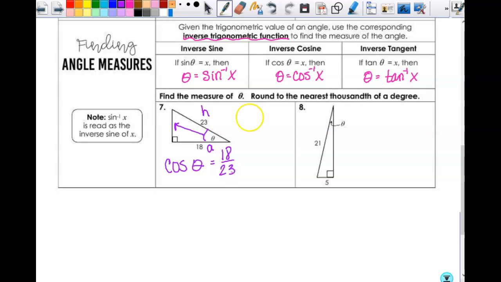What you want is theta, so that means that theta is equal to the cosine inverse of 18 over 23. Parentheses. Yeah, when you write it, you don't typically have to have parentheses, but I'm pretty sure it's going to open them for you in there, whether you want it to or not.